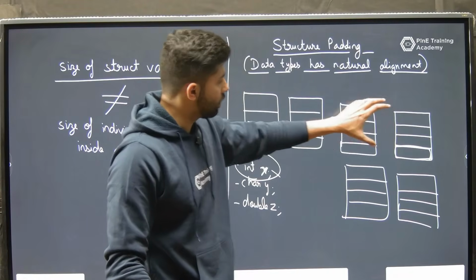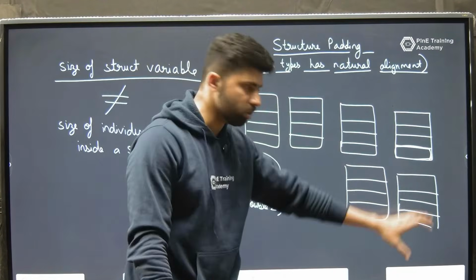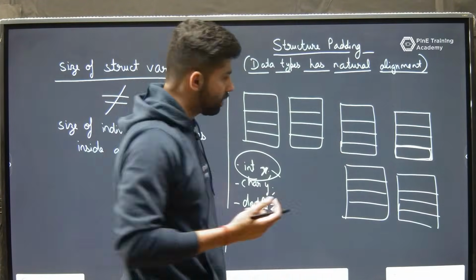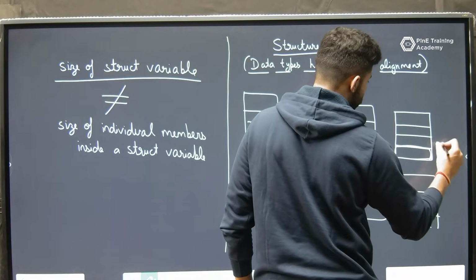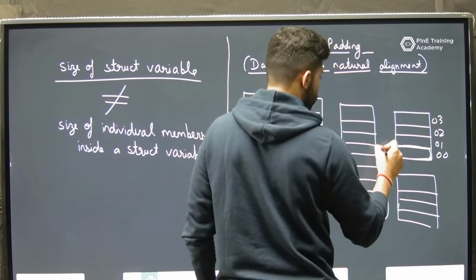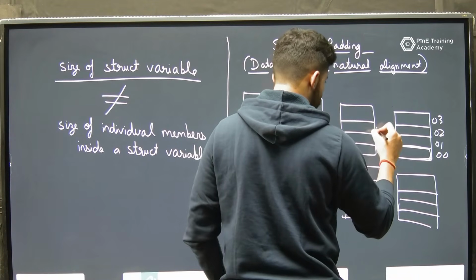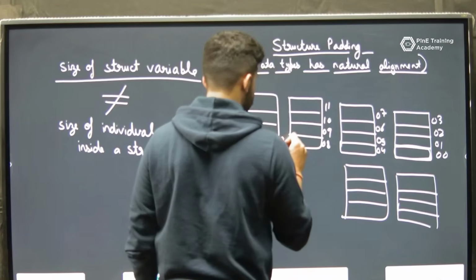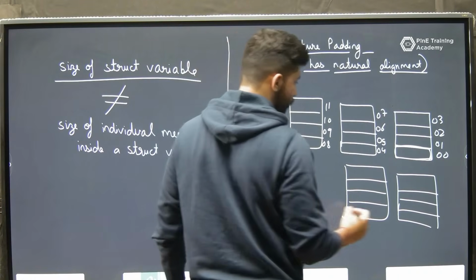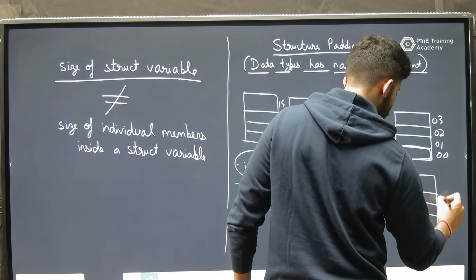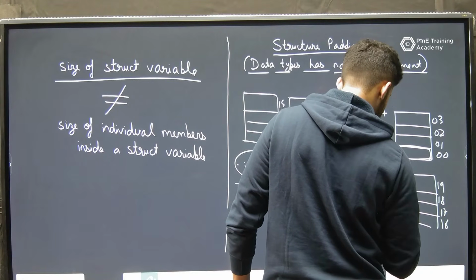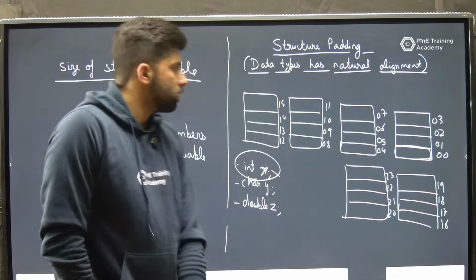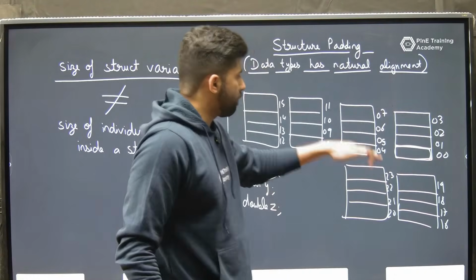So this is a total of 4 bytes, this is 4 bytes, this is 4 bytes, and so on. So each block comprises 1 byte. And let me give the addresses to these blocks.